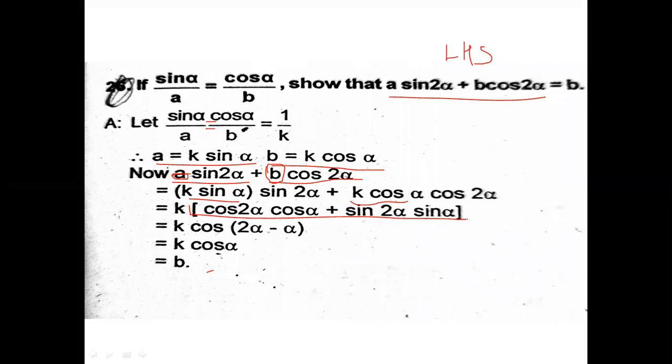Cos 2 alpha into cos alpha plus sin 2 alpha sin alpha. It is in the form of cos A cos B plus sin A sin B, so the formula is cos (A minus B). Cos (2 alpha minus alpha) will be cos alpha. K cos alpha is nothing but b, so instead of k cos alpha, we can write b.